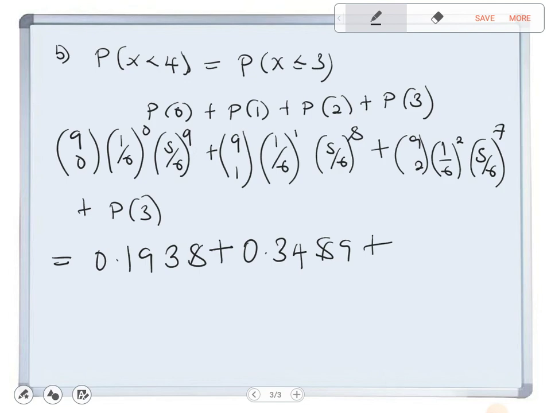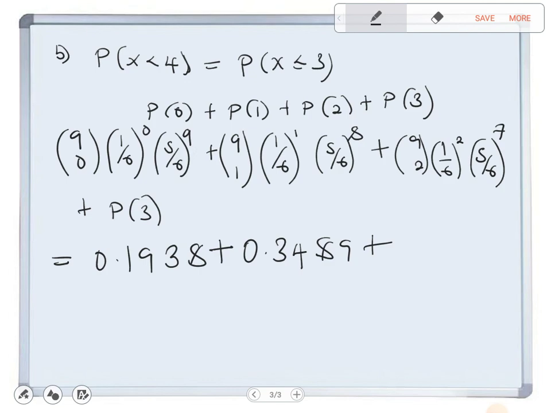Then the other one is 5 over 6 to the power 7. So we say multiply by 1 over 6 to the power 2.